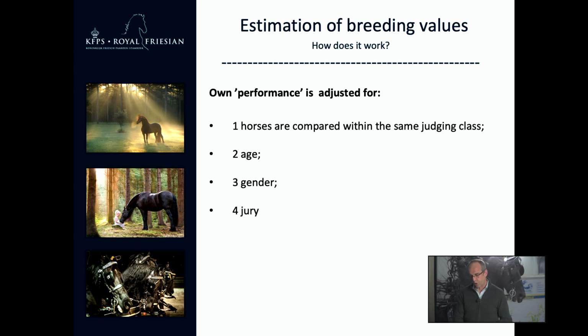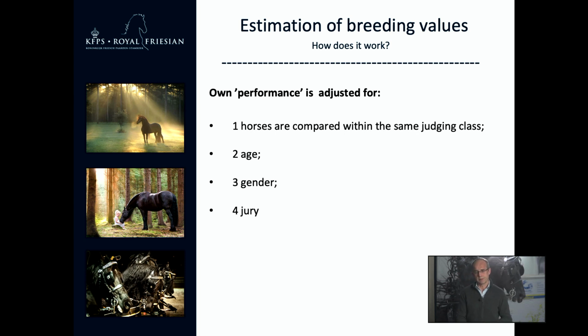You adjust also for age. You could imagine that a 4-year-old is more powerful than a 3-year-old, so a 4-year-old should have higher scores for movement. We also adjust our phenotypical information or judging scores for gender. We all know that stallions have slightly higher scores for conformation than mares. And we also adjust for the jury.